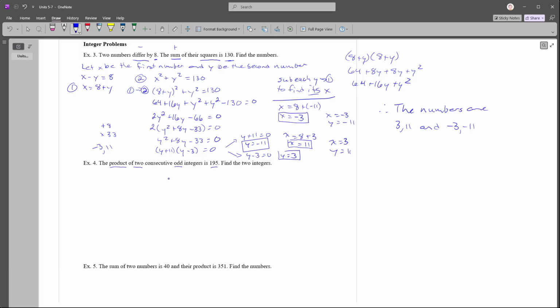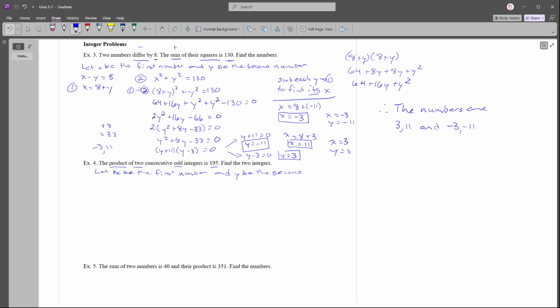There's a lot in that one sentence. So let's start off and keep it simple. So let's say let x be the first number, and y be the second. What does that actually mean?